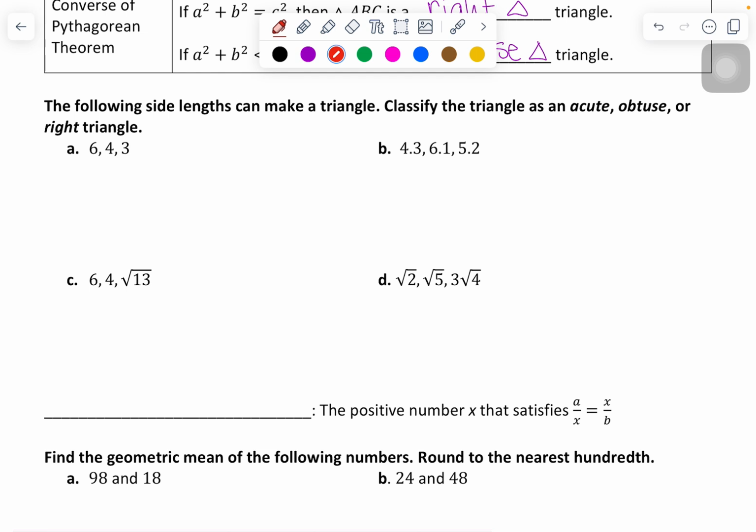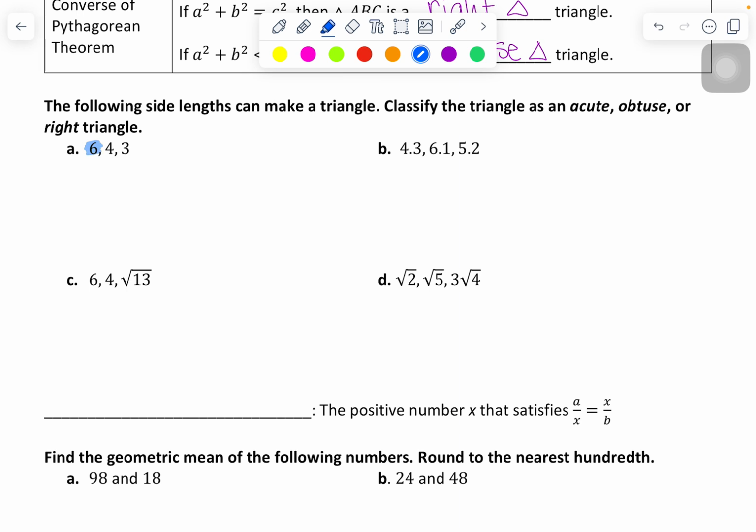So, first thing you have to do is determine which side is the largest, because that side, if it is a right triangle, is going to be the hypotenuse. 6, 4, and 3. 6 is definitely the biggest.